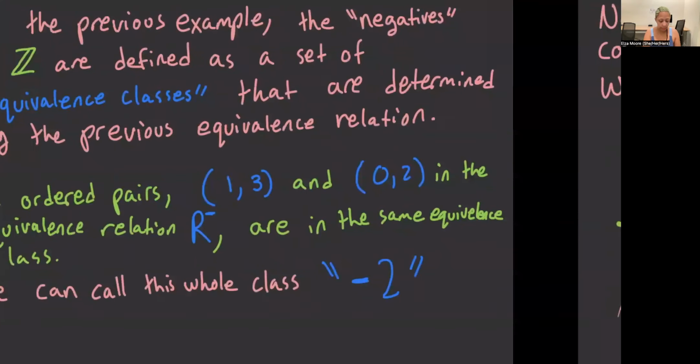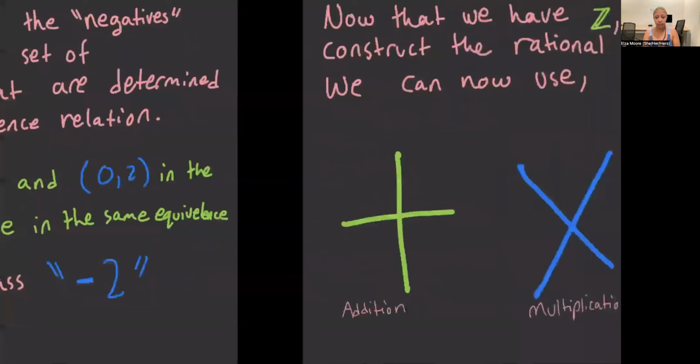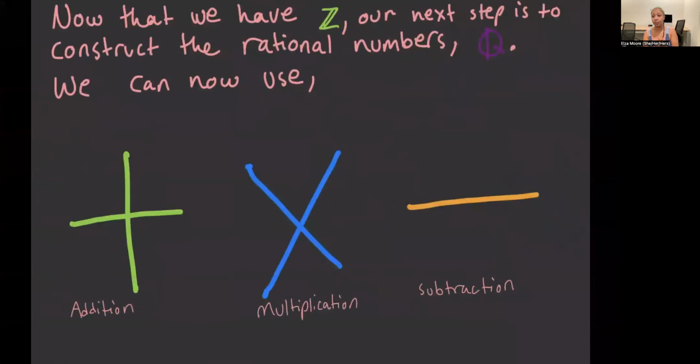So now that we have the integers, now that we have subtraction, and we've defined the negative numbers using our equivalence relation that defines subtraction and the idea of equivalence classes, our next step is constructing the rational numbers.